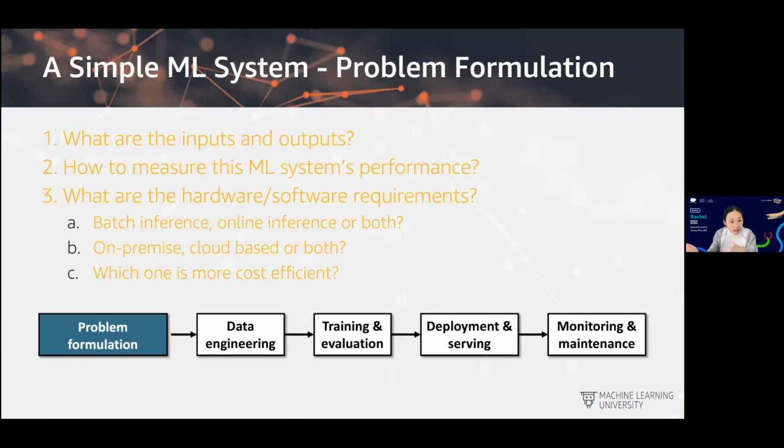Is it batch inference or online inference, or can we do both? Is it on-premise inference, cloud-based inference, or both? And of course, which hardware and software option is more cost efficient but can also satisfy the latency or system constraints? So those are all the questions we need to think about. I just gave you some ideas here.